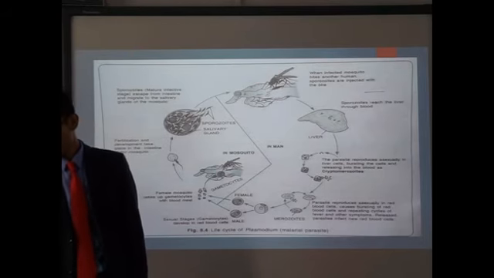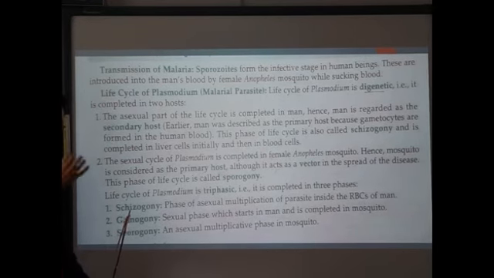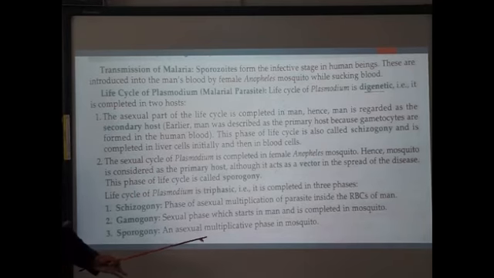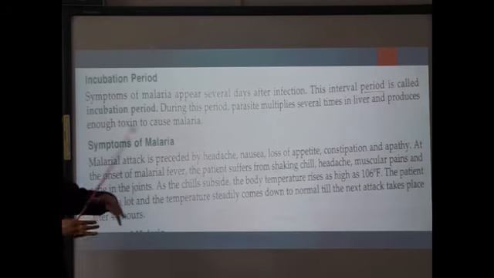This is the study of the life cycle of the malarial parasite. It is completed in 3 phases: schizogony in the human being, which is the asexual reproduction process; gametogony, where there is formation of gametes in the human being, but the fusion of gametes occurs in the body of the mosquito; and sporogony, where there is formation of sporozoites, the most infective stage, that occurs in the mosquito. Clear?